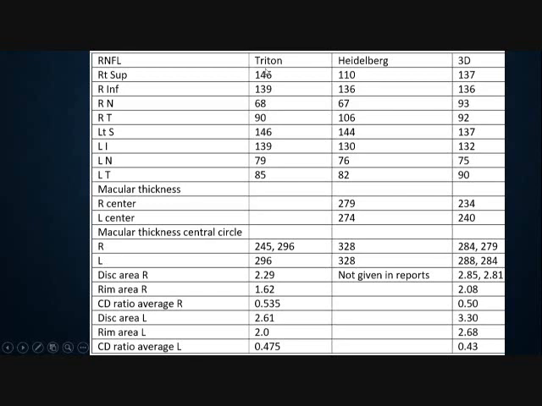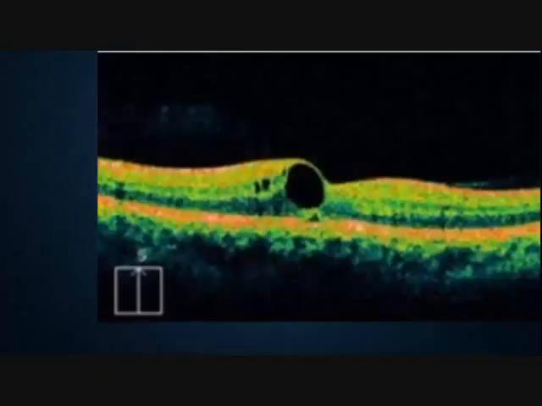You can see there are some differences, but they are within reasonable limits. If I repeat the findings, 284 and 279, there is hardly a difference of 5 microns. So these are predictable. There is some variation, but it should not be more than 5 microns.